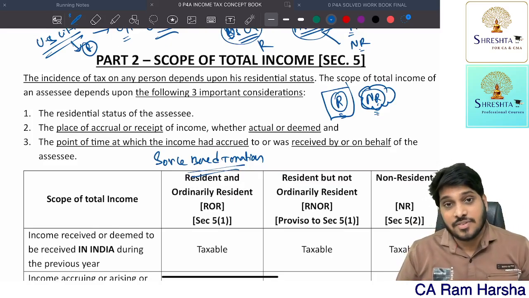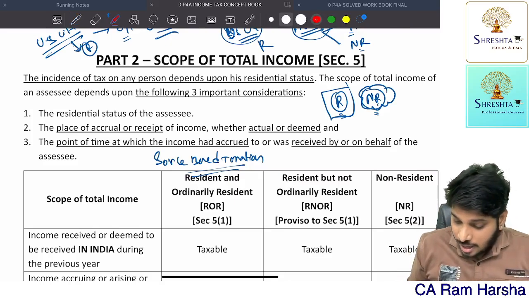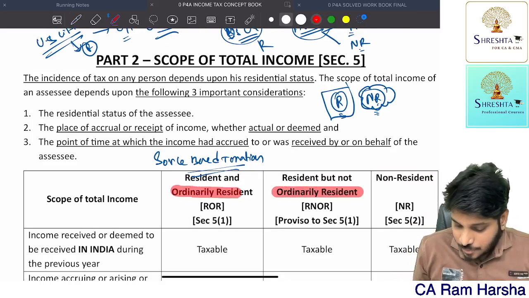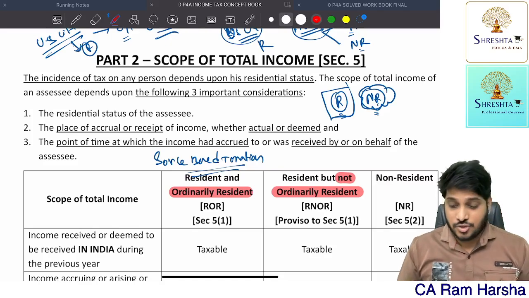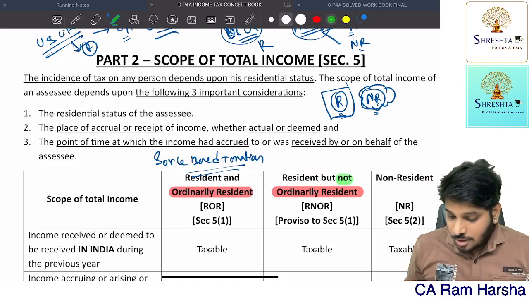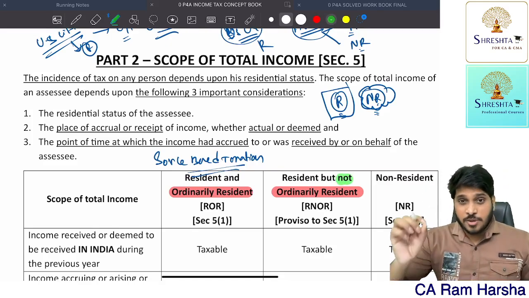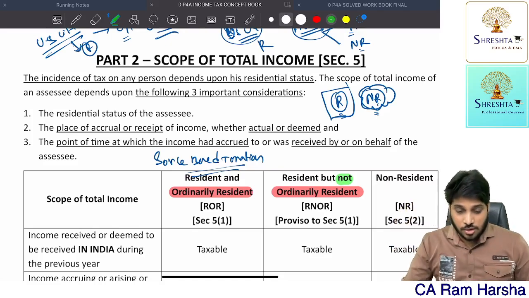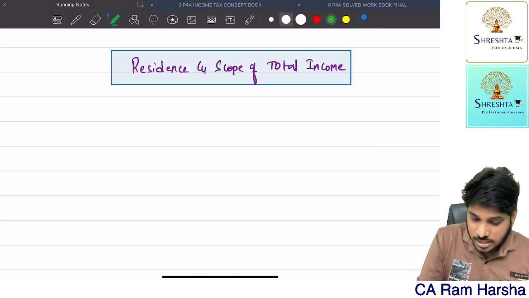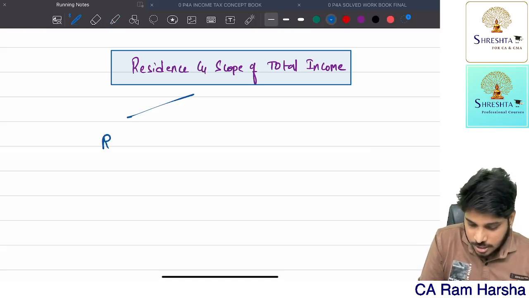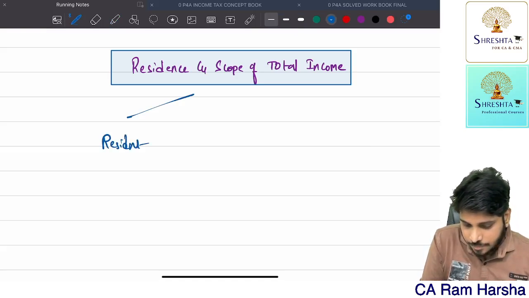There is another classification which is there: ordinarily resident. What is it? Ordinarily resident. Residential status generally means resident and non-resident.